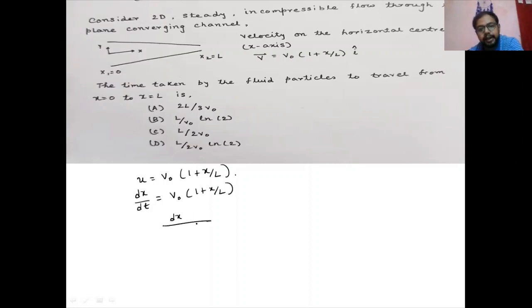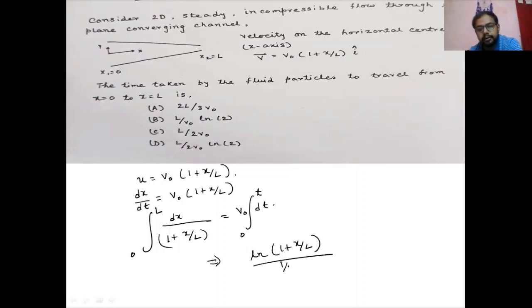So dx over 1 plus x by L equals v0 dt. If you integrate from 0 to time t, here x goes 0 to L, it will take ln of 1 plus x by L times L, from 0 to L equals v0 t.